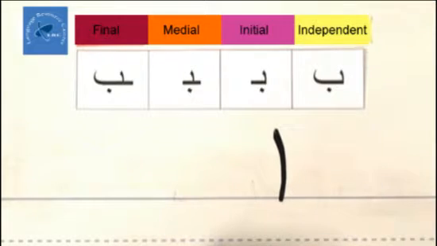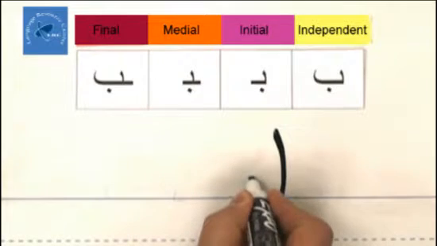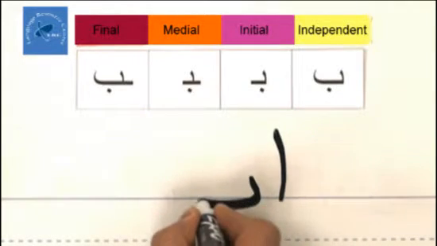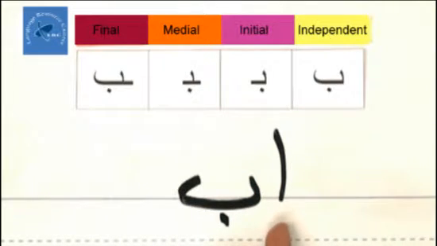And then we need to do the other sound, ba. And you have to keep in mind that the letter a does not connect to the letter after it. So we need the independent ba. So we do a tooth to the right and a tooth and the dot below. Ab.